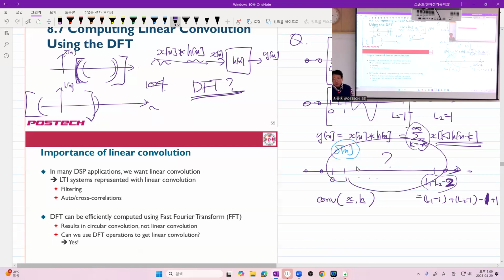Got it? So what we do is something like this. Let's say that this is n minus 1, for example. So we consider the n-point DFT where n is greater than or equal to this number.